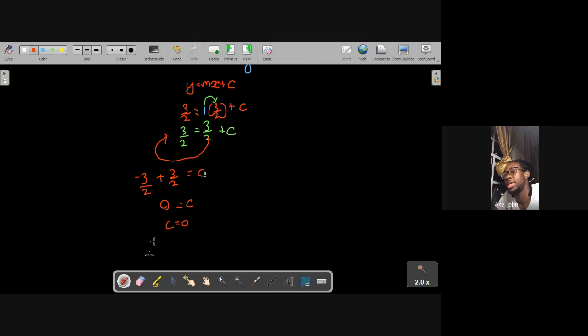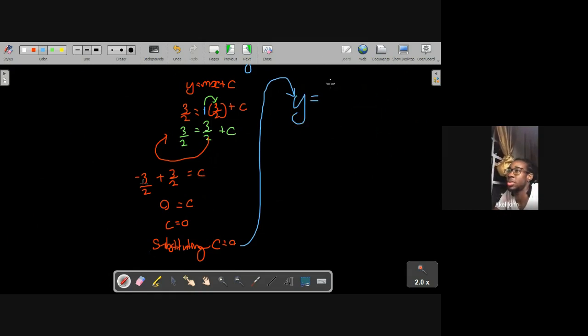Then you'll be substituting c equal to 0 back into the formula, y is equal to mx plus c. This time you're putting in the gradient, which we know was +1, and c.